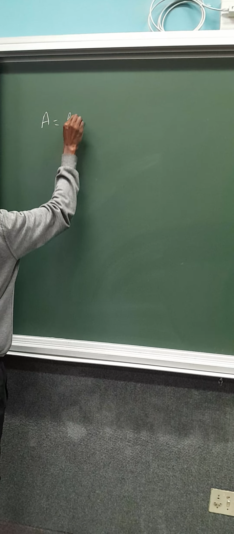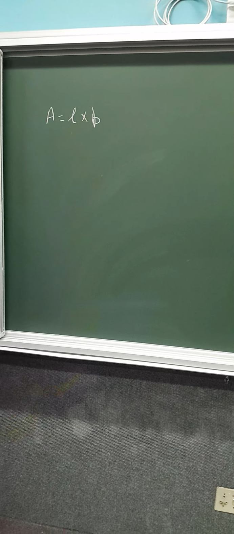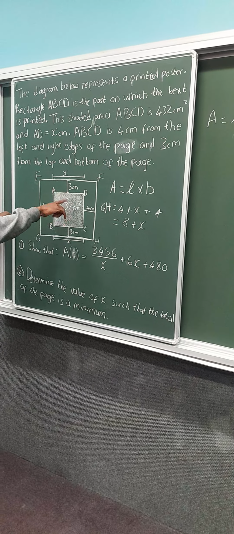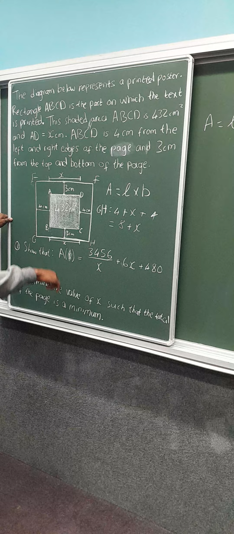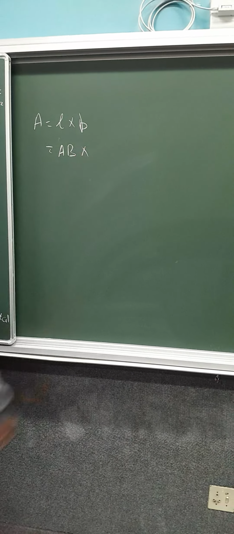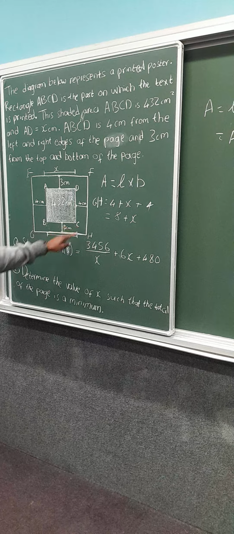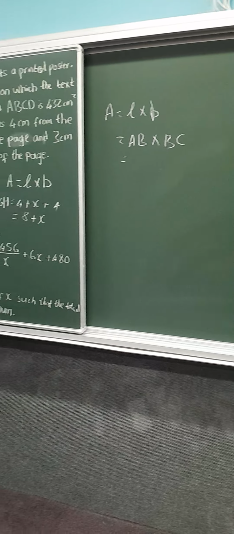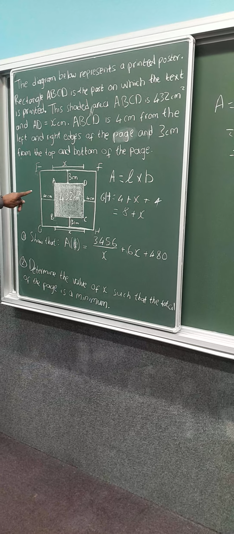We know that the area of the rectangle is given by length multiplied by breadth. We are talking about this rectangle that is inside. So the length is AB, multiplied by the breadth, which is BC. Our AB, we don't know it.